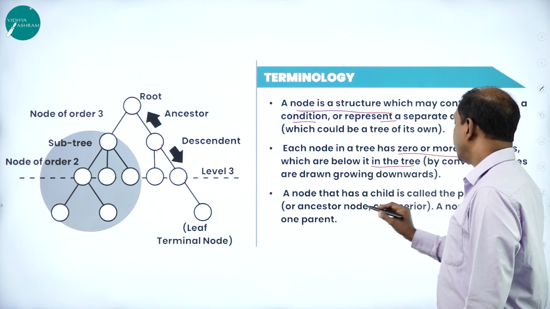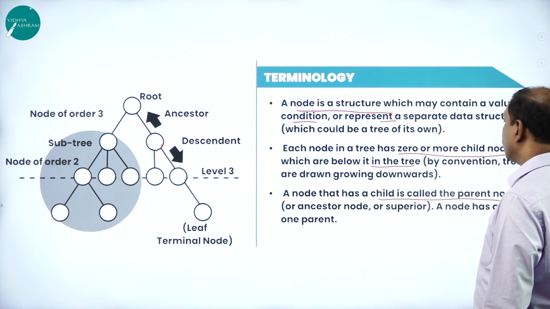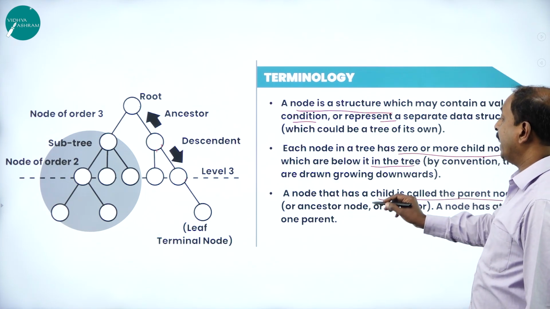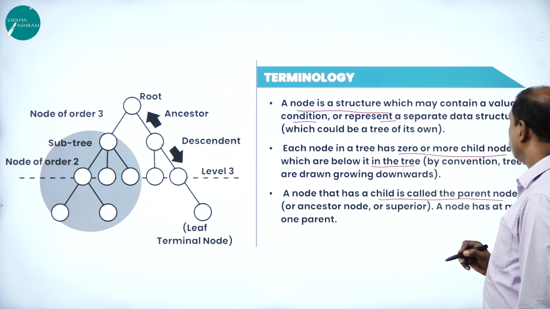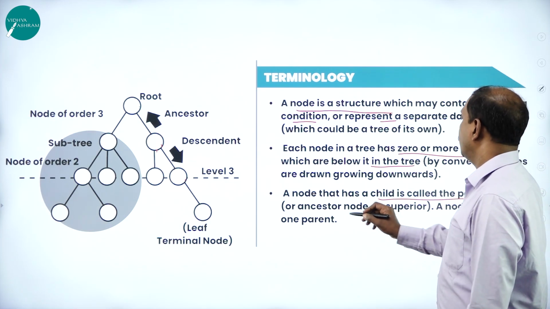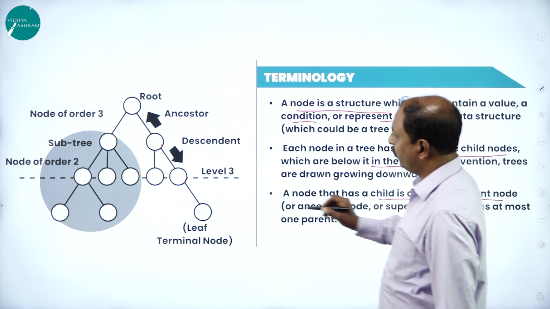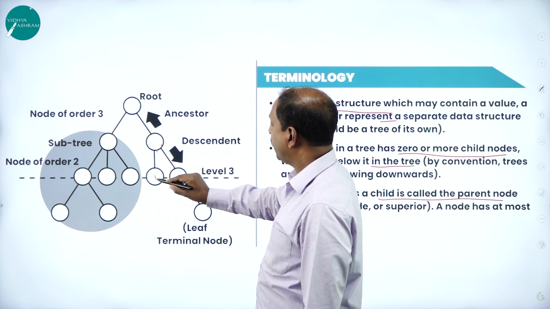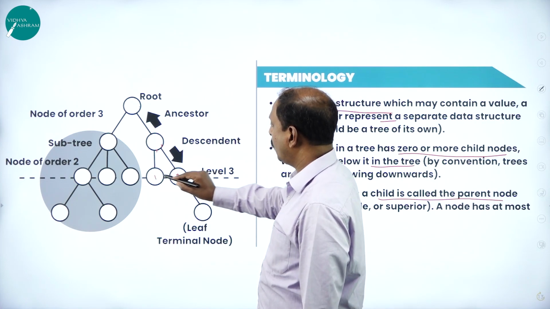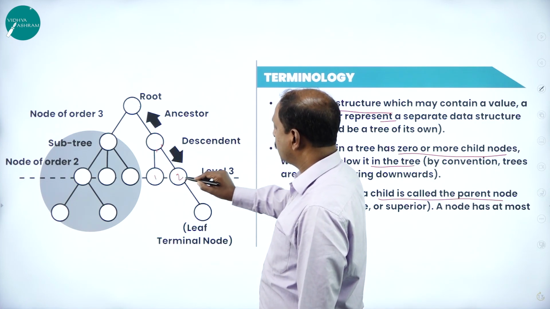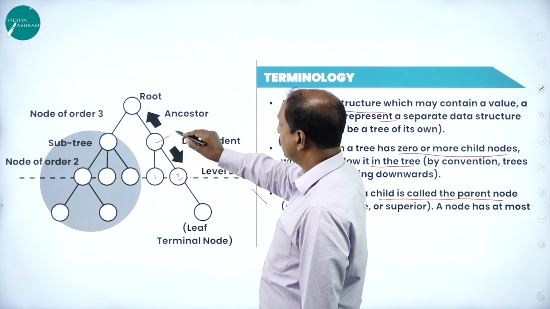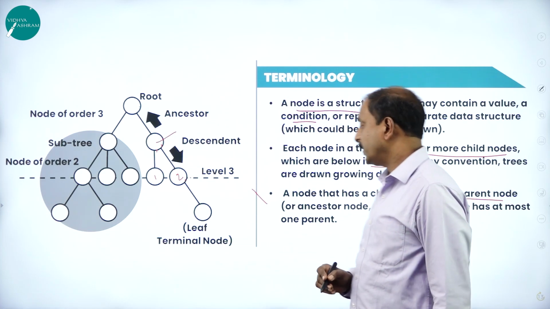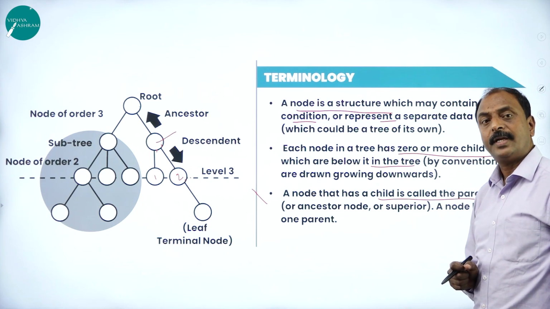A node that has a child is called a parent node, or ancestor node, or superior node. In this example, this is a child and this is another child of this node. These are the two child nodes, and this is called the parent node. That is the definition of a parent node.